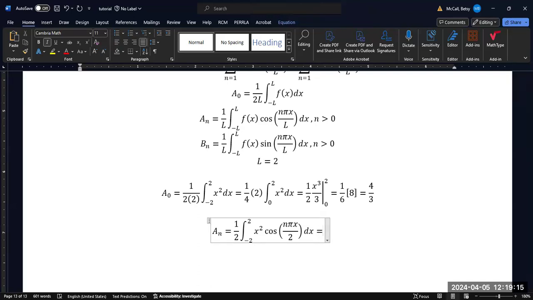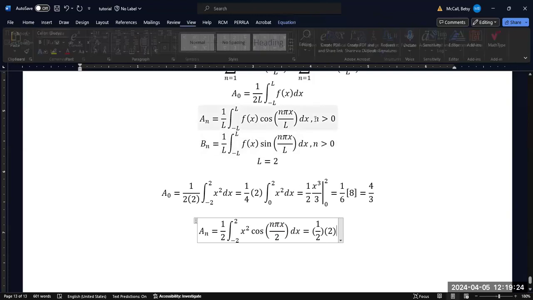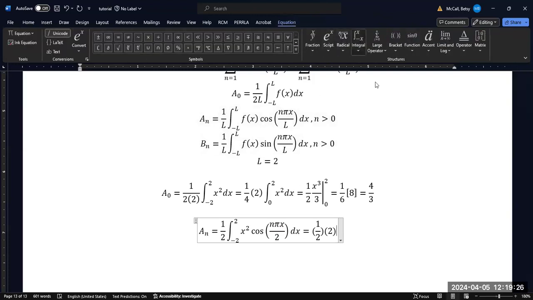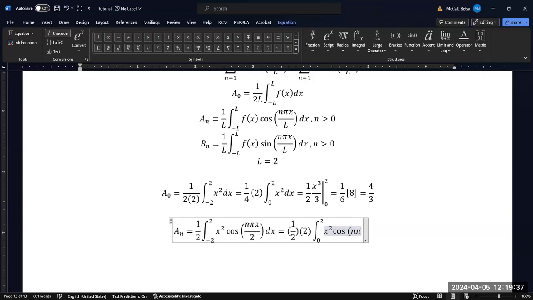And so I'm going to multiply by 2. Again, we had the 1/2 out front. I'm going to pull out a 2, and then I'm going to integrate from 0 to 2 of x squared times cosine of n pi x over 2.